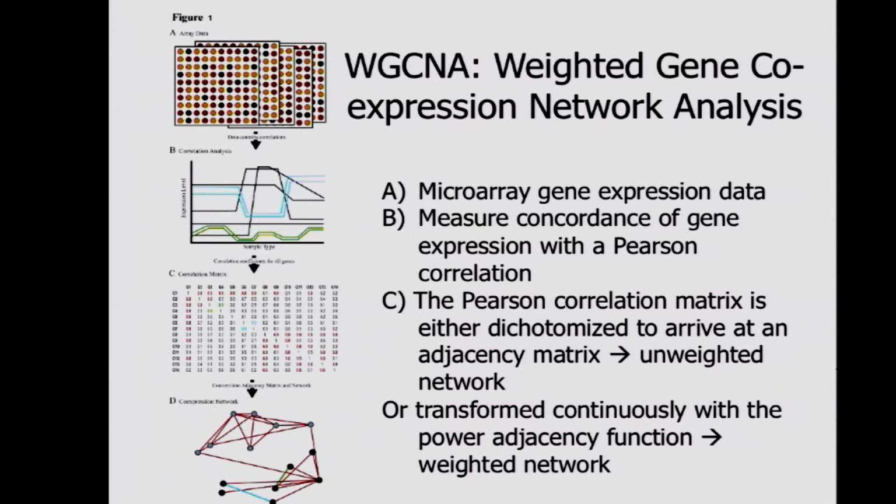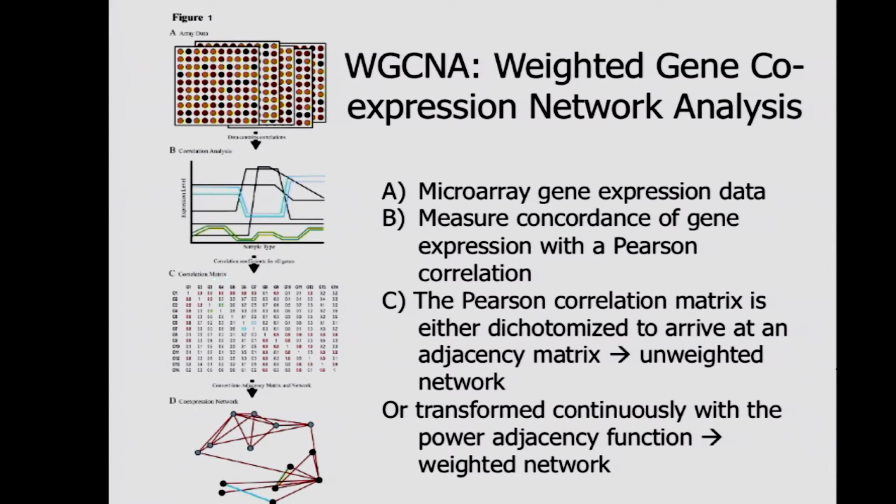Okay? So it now makes a matrix, a correlation matrix, and says, OK, for all the genes, here's the correlation I see between gene 6 and gene 1, gene 10 and gene 1, et cetera, et cetera. And given that correlation matrix, it can calculate a correlation network, right?